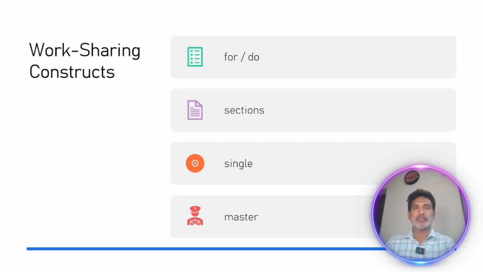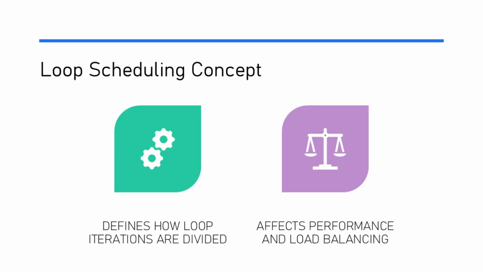So next one, loop scheduling. We are going a little bit deeper to understand the for loop construct, that is, mainly loop scheduling and how we can schedule it. This determines how the loop iterations are assigned to the different threads.